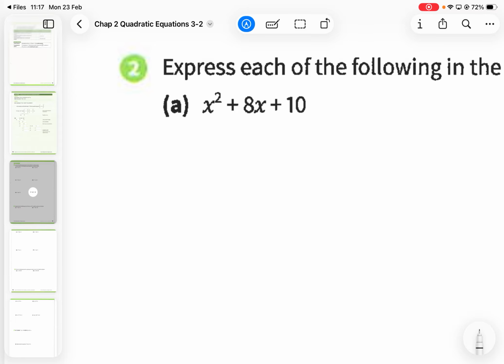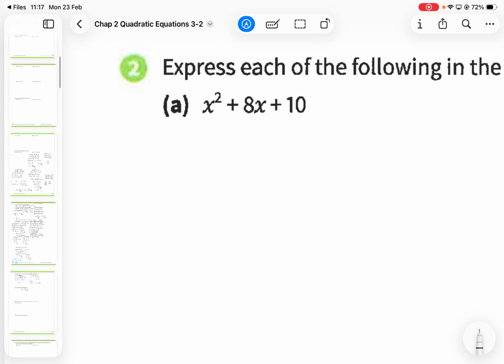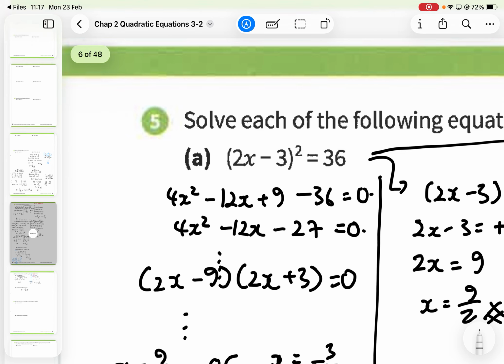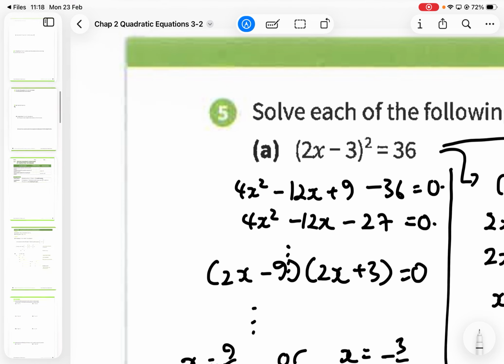This is not an equation, it doesn't have any equal sign. This is just a quadratic expression. You have an x squared term, you have an x term, you have a number term. Then, given this expression, if I want to go and use what I used to solve my equation just now, I want to make my x inside a bracket. I want to contain my x inside the bracket, then I no longer have the x squared term. Then there are a few steps that I can do.